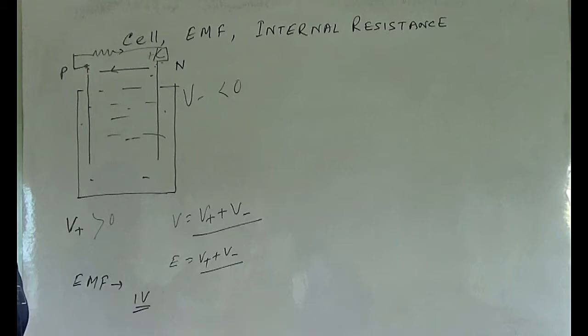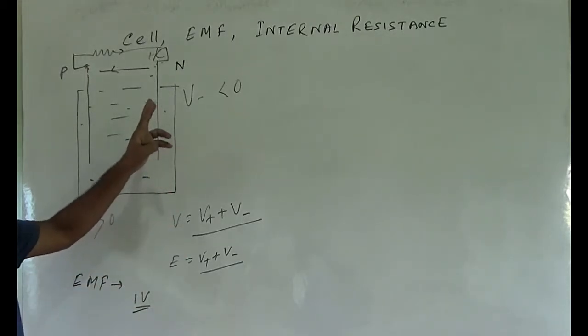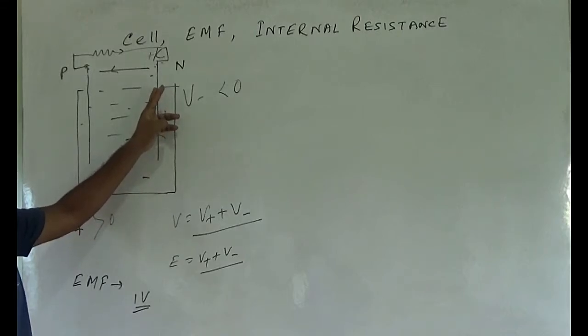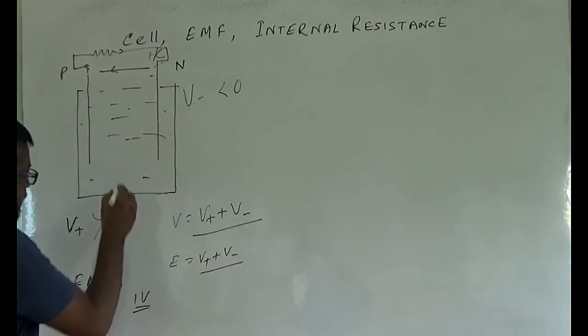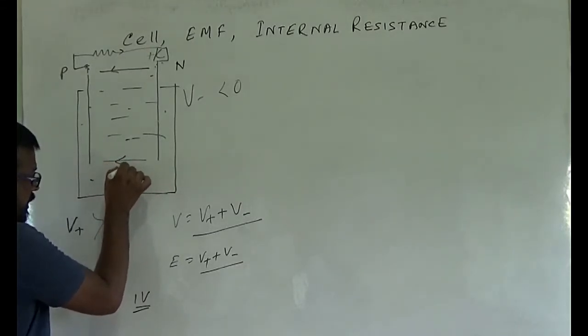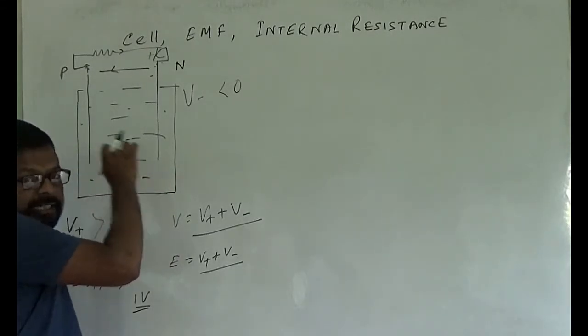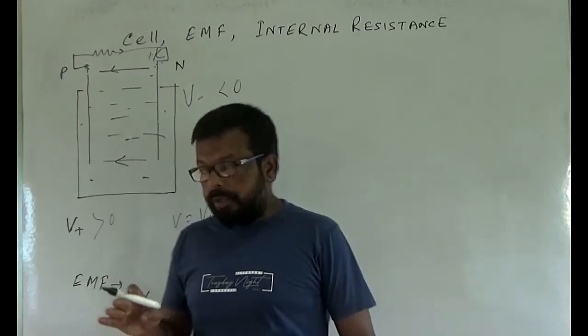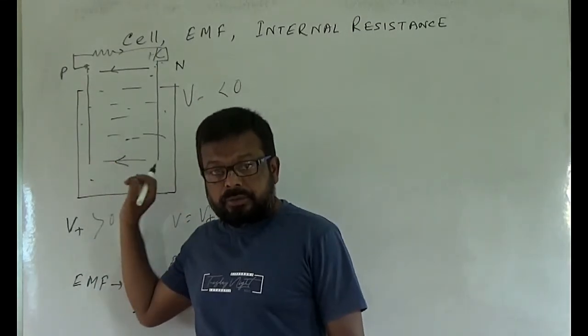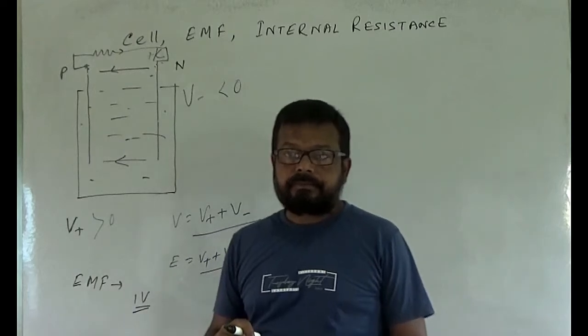But inside the cell, the current is flowing from negative terminal to the positive terminal. That is, current is flowing in this direction inside the cell, or current is flowing from negative terminal to positive terminal through the electrolyte.